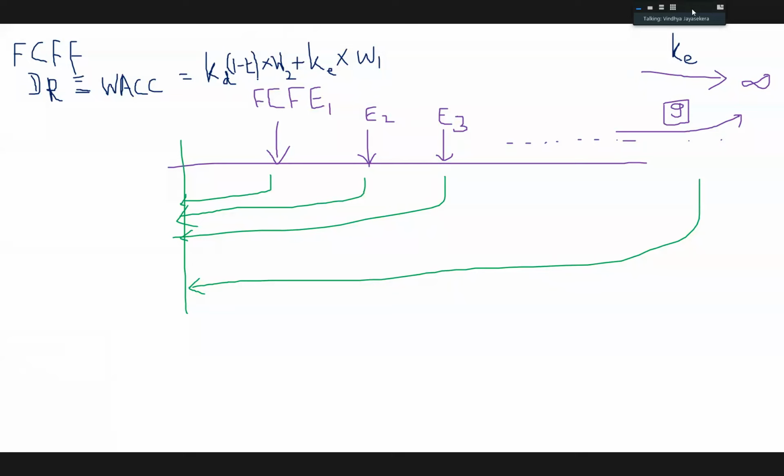So we use the after-tax cost of debt plus the cost of equity, and we look at the weights. How much debt do we have? How much equity do we have? What is the target debt we want to have? What is the target equity we want to have? And that's what we call our weighted average cost of capital, right?